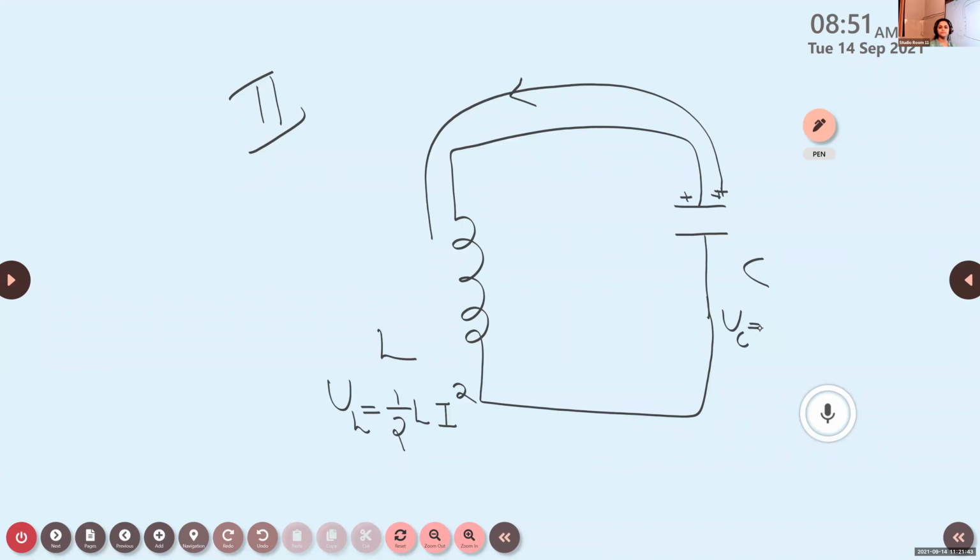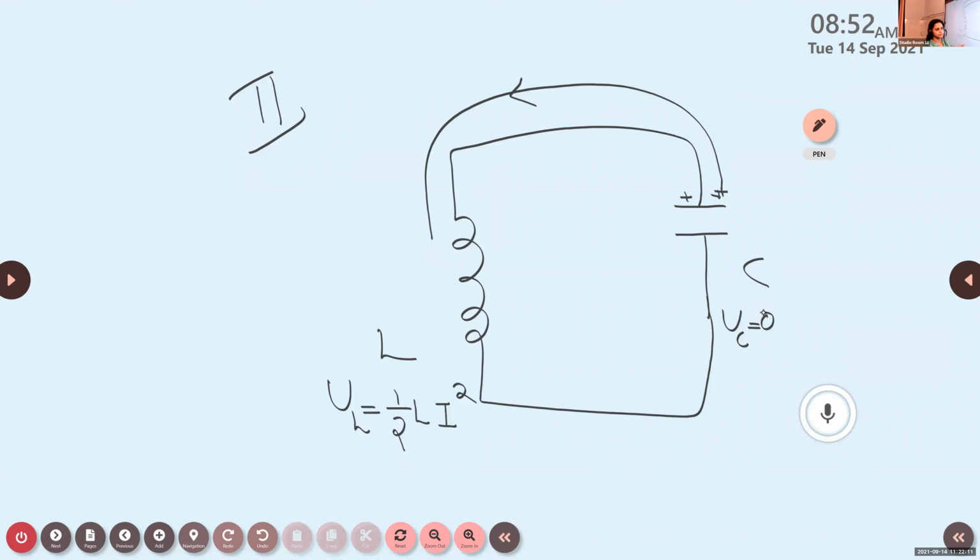UC is equal to 0, because the complete charge from the capacitor has moved from the capacitor to the inductor. Now this side attains the maximum energy, and the maximum energy attained by the inductor is given by UL is equal to half L I square. At the same time, the capacitor is fully discharged. That is, it contains no charge. UC is equal to 0.